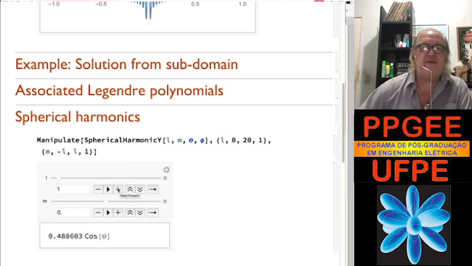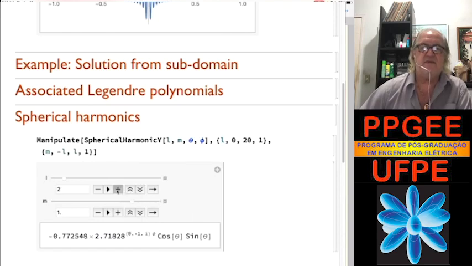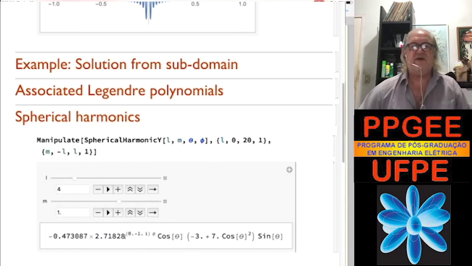I have L equals 1, M equals 0, M equals minus 1. You have a complex exponential here, right? M equals 0, M equals 1, and so forth, right? L equals 2, and we have several. Unfortunately, Mathematica is calculating the fractions here.